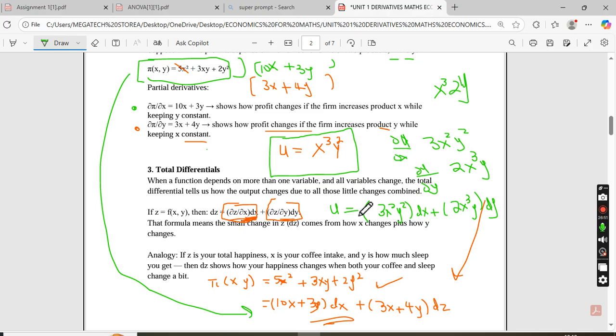Should we try one more? Any questions before we try one more? Are there any questions on this one? Yes. We're getting 2x to the power 3y. Is it supposed to be 2x? Then just go back.